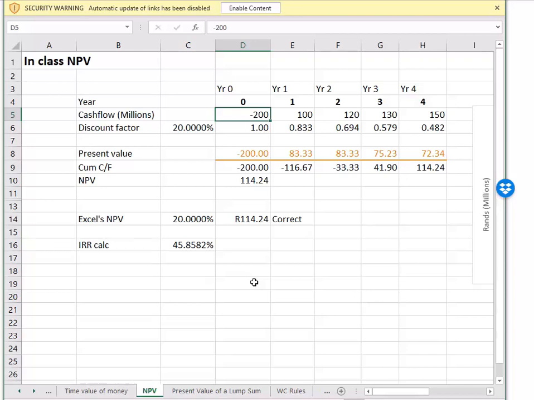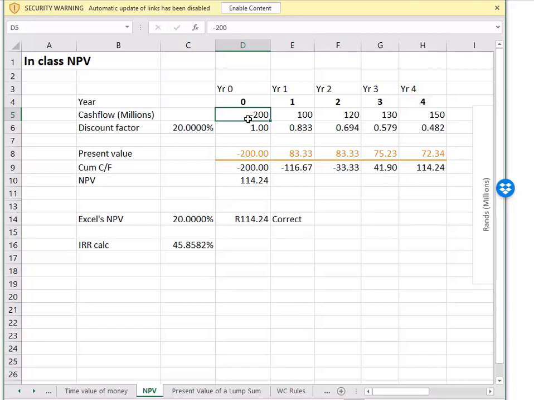So in order to determine if this project is feasible, we need to make adjustments to these future cash flows in order to find out what is today's value of these future cash flows. And let's find out if the sum of these future cash flows, which is 500 million, is more than the 200 million after we've adjusted for the time value of money and for any inherent risk in the project.